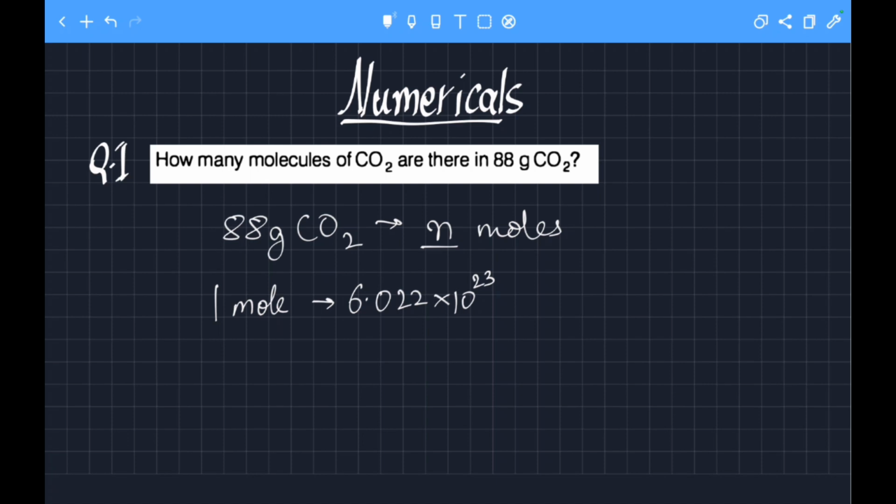So to calculate the number of moles of 88 grams CO2, first of all we have to determine what is the molar mass of CO2. So to calculate that, we know carbon is 12 grams, 1 mole of carbon.